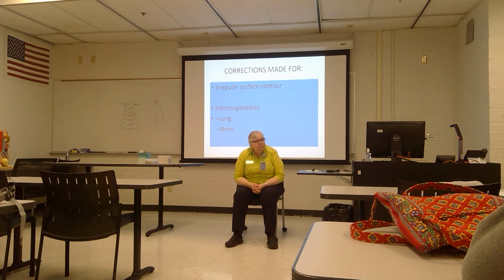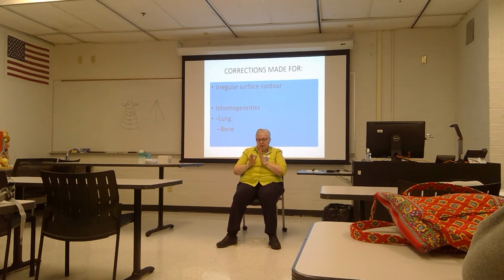Then what? How do you angle it? If it's a right breast, do you move the field over and then angle the gantry? Or do you angle the gantry and then move the patient?